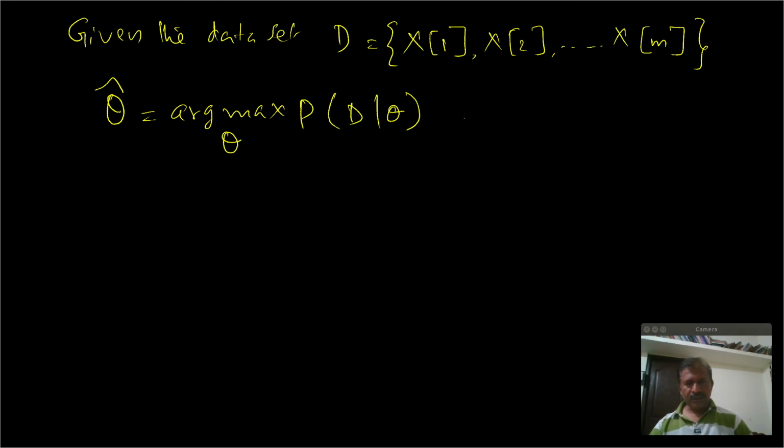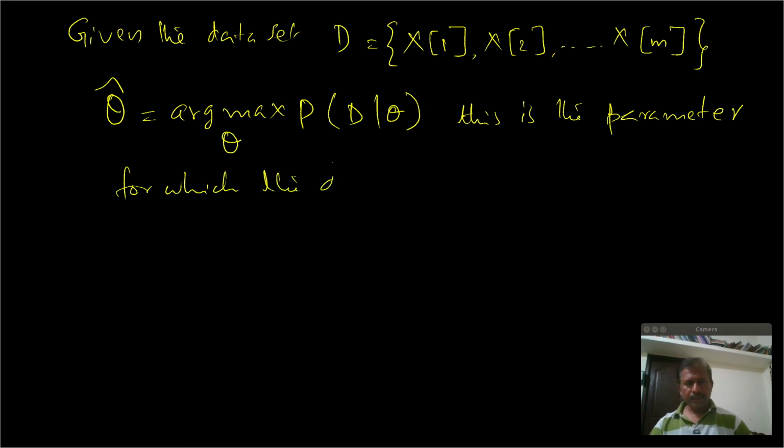So this is the parameter for which the data has the highest probability.